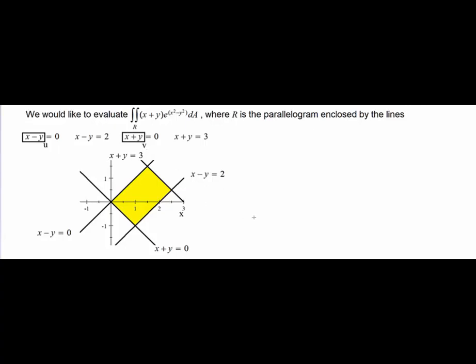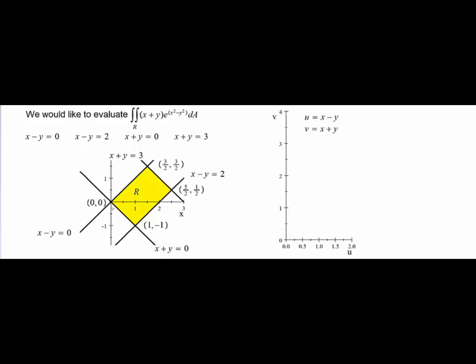v. So if we do that, note that the vertices of this region are (0, 0), (1, negative 1), (5 over 2, 1 over 2), and (3 over 2, 3 over 2). So with this transformation, the point (0, 0) of course gets mapped to (0, 0), and then (1, negative 1), just substitute the values in there, you will see that gets mapped to (2, 0).